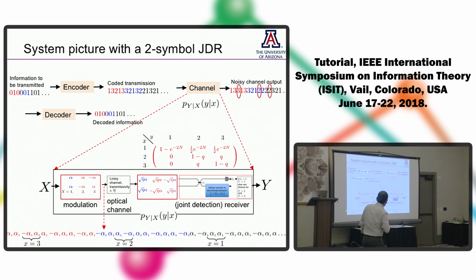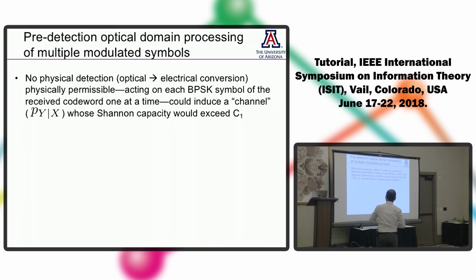So the actual sequence that goes into your physical channel never has minus alpha, because we prohibited it. The sequence of alphas and minus alphas always go in blocks of 2. Okay, so this is the concept that we will now need to build bigger and bigger receivers.